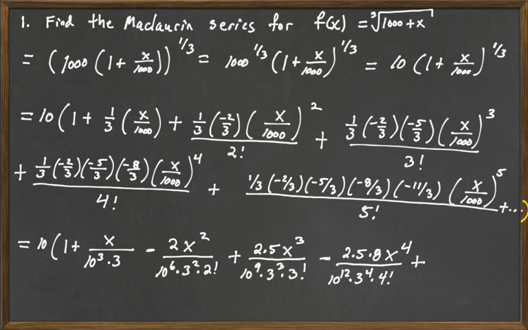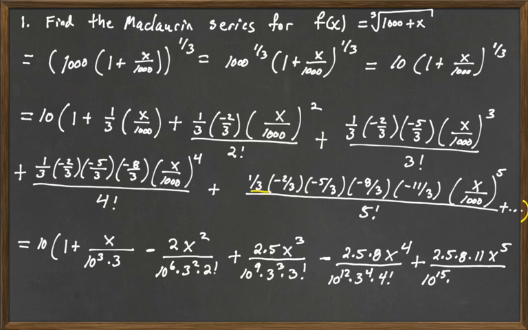And one more, let's see. 1 times negative 2 times negative 5 times negative 8 times negative 11. So that's 4 negatives, so that ultimately makes that a positive. So 2 times 5 times 8 times 11, x to the fifth. 1,000 to the fifth power is going to be 10 to the 15th power.